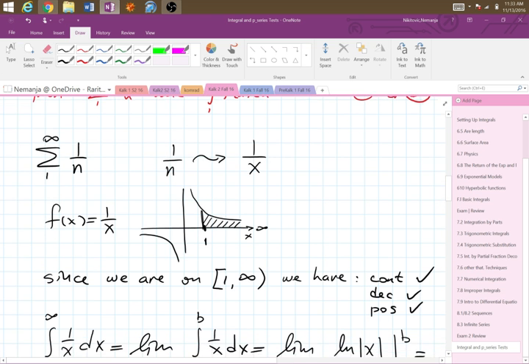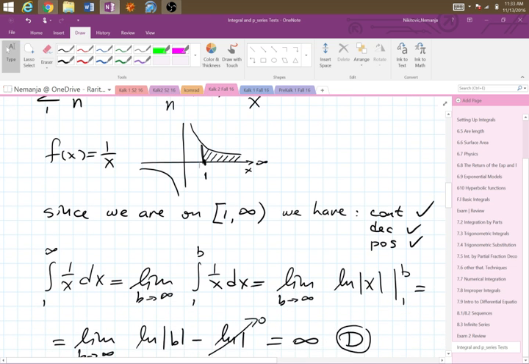Once we are done with that, we move to solve the improper integral. We have the improper integral from 1 to infinity of 1 over x dx, and we introduce a limit, which is the standard procedure in solving improper integrals.